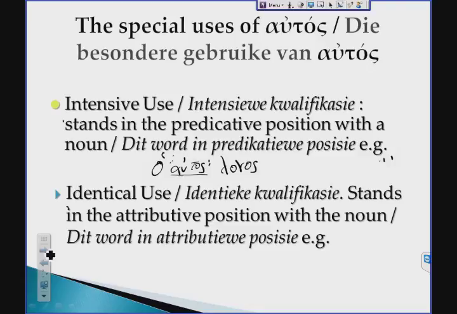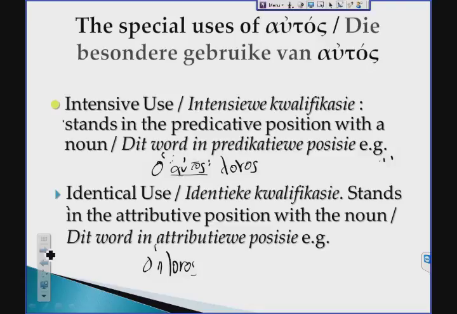If it's not standing in between, it can actually be ho logos, but then if it occurs outside, then it must also have its own definite article. If it doesn't have its own definite article, then it must come there. It must be in between.